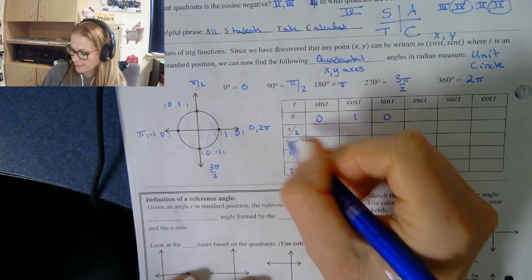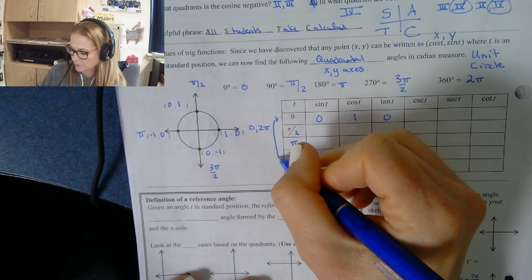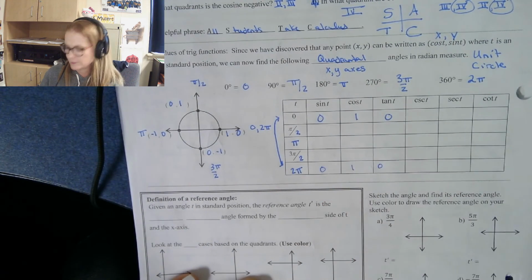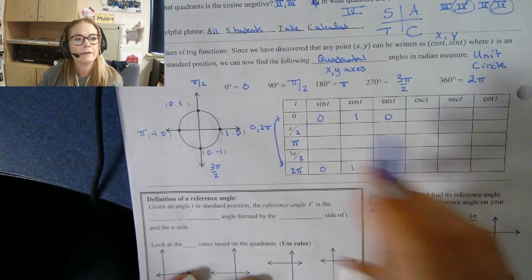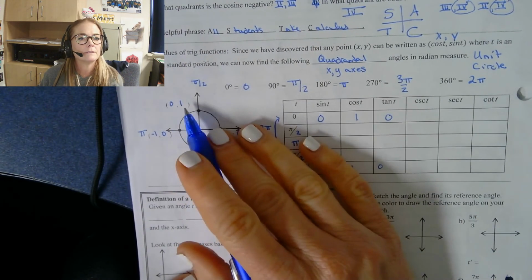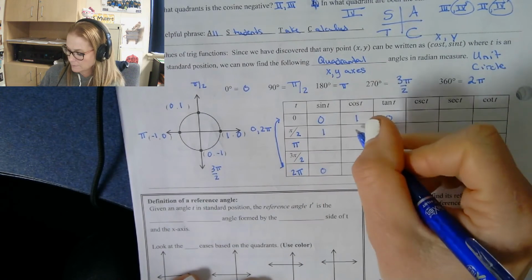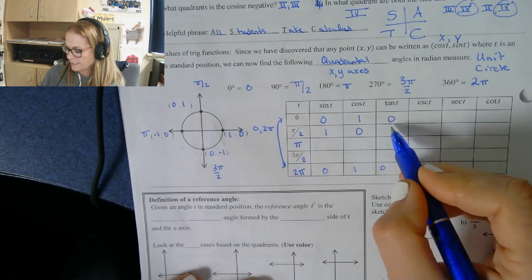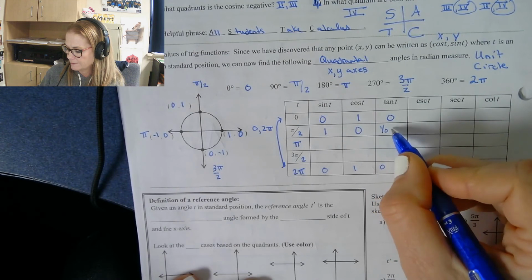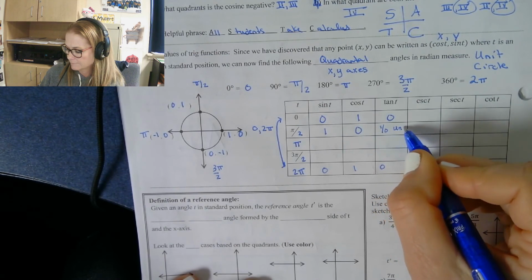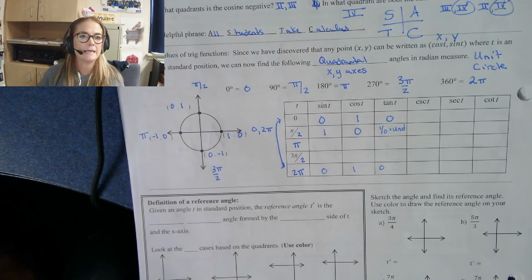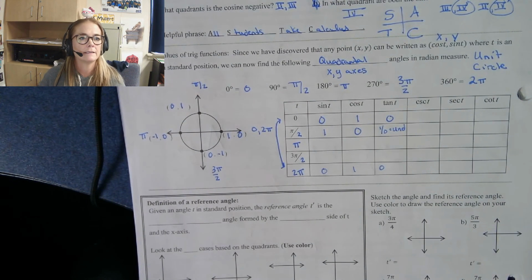Well, 2 pi is just cyclical, so it's the same as 0. It's just a repeat. Let's go up to pi over 2. Sine is 1, cosine is 0, and tangent is sine over cosine, that's 1 over 0. This is undefined. The tangent is not defined at pi over 2.